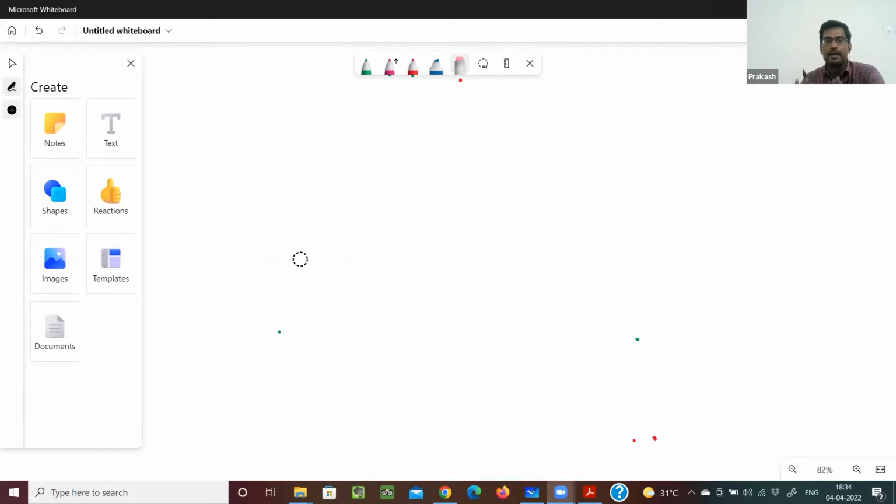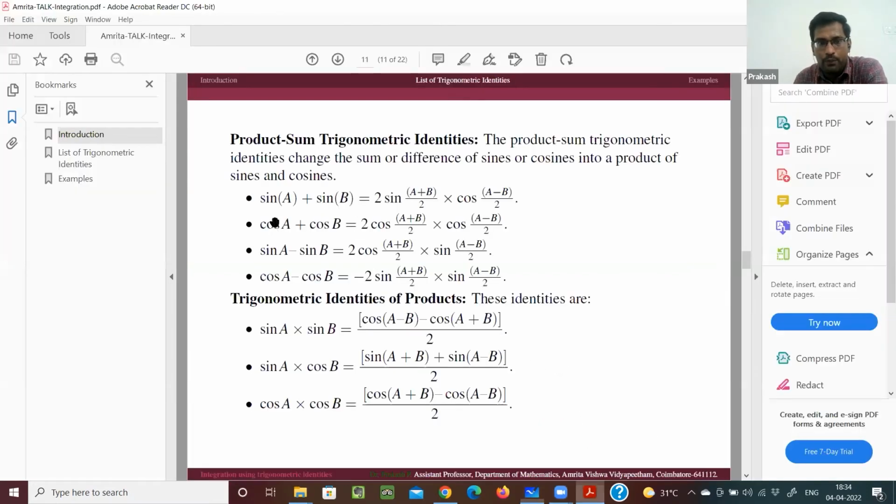When the integrand involves a trigonometry function, additionally you need to know trigonometry identities to evaluate the integral. Otherwise, you can use substitution also. Maybe I will tell you some other substitution way also. For example, I will take some other problem.